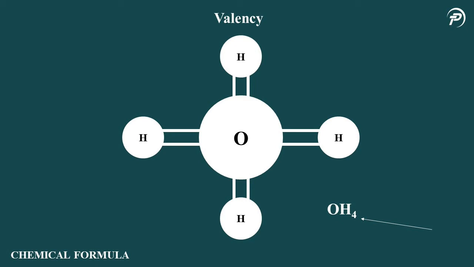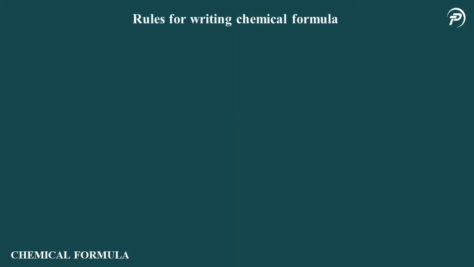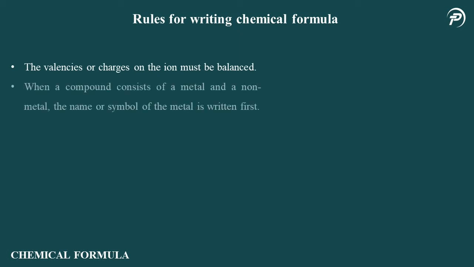In chemistry, there are certain rules to write a chemical formula that everyone has to follow. The rules are: the valencies or charges on the ions must be balanced. When a compound consists of a metal and a non-metal, the name or symbol of the metal is written first.